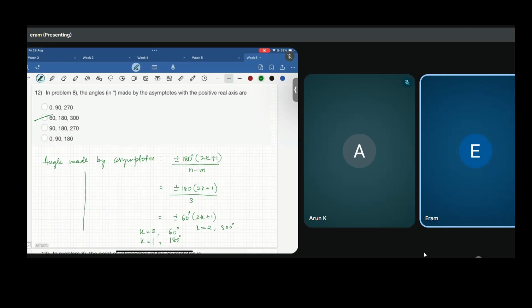So if we want to visualize it on the root locus, since we have roots at these locations, the asymptotes will intersect at some point. We don't know the point, but it will have 60 degree, 300 degree and 180 degree. The asymptotes will have this type of nature.